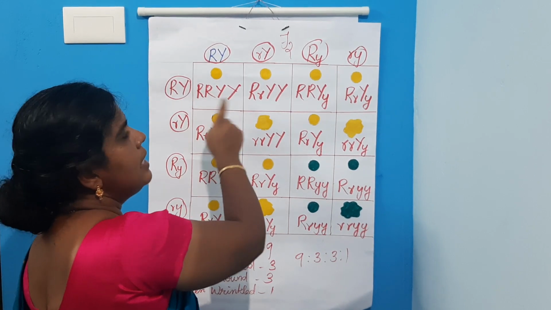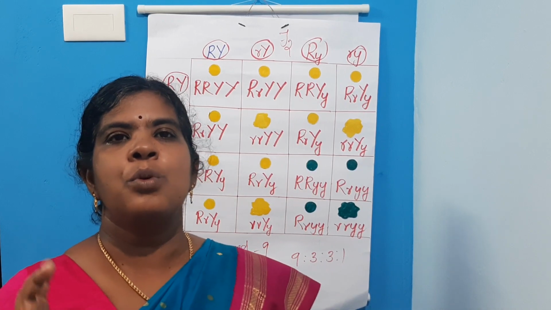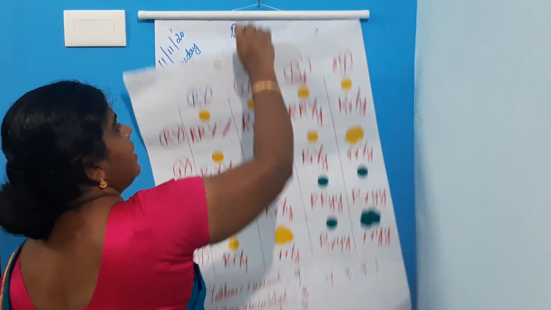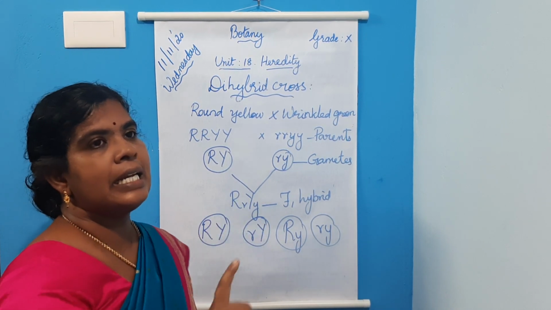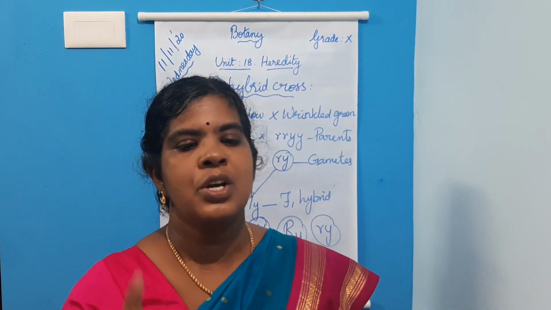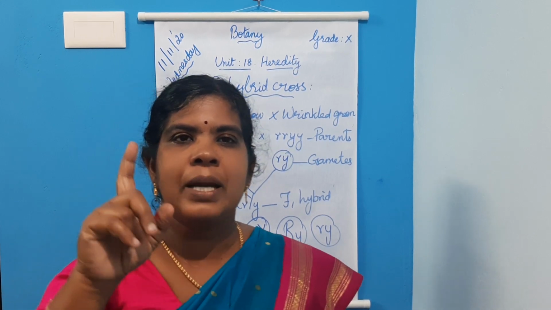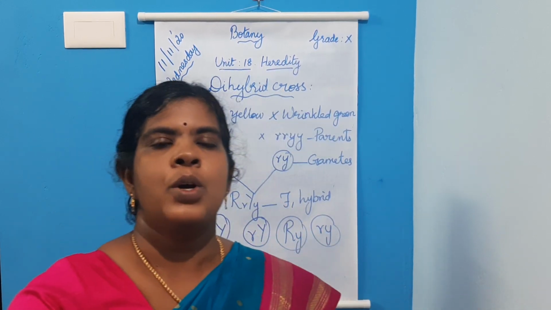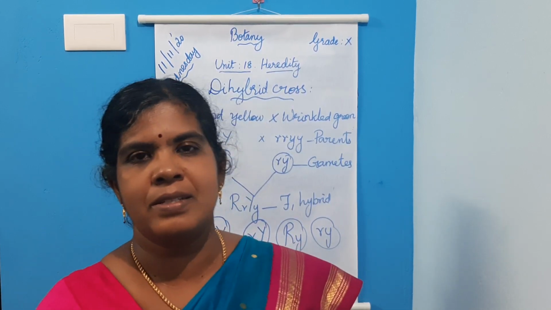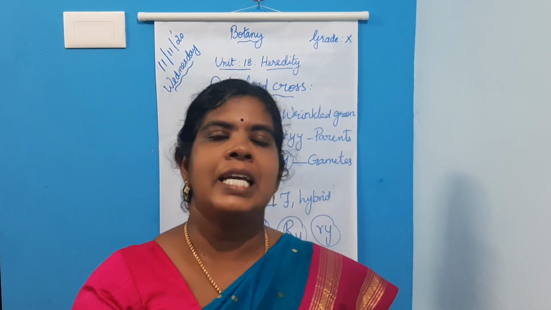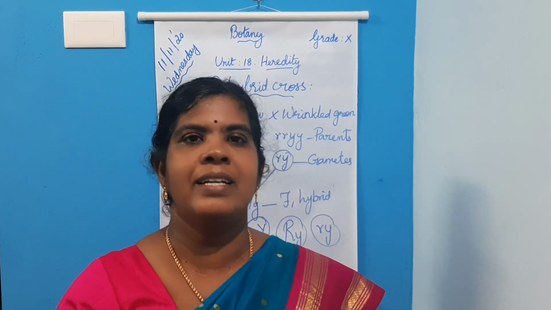When two homozygous individuals with one or more sets of contrasting characters are crossed, the characters that appear in F1 generation are dominant, and those that do not appear in F1 are recessive. You already know what is dominant character: the character which is expressed is dominant, and a character which is masked or hidden is recessive.